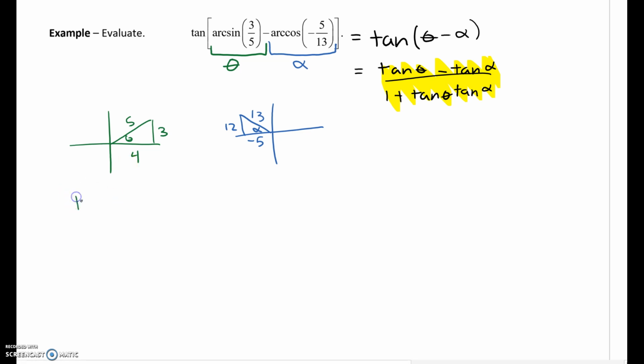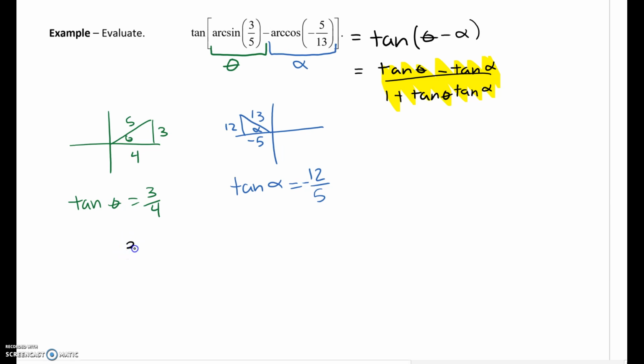All right, tangent of theta is 3/4. And then we also need to know on this blue triangle what the tangent of alpha is. Alpha is 12 over negative 5, so 12 over 5, and it's negative. So then we'll plug it into the formula.